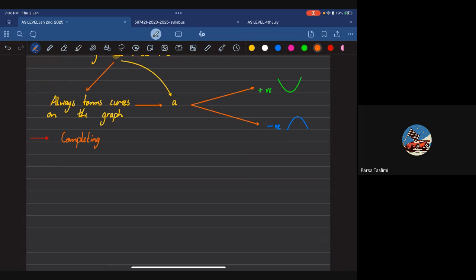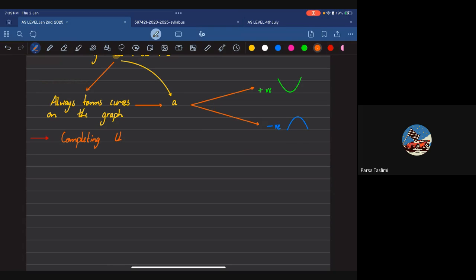Just as we use our quadratic formula to solve the quadratic equation, completing the square is just another method of doing so as well. Although this method utilizes factorization, your quadratic formula is much more straightforward.